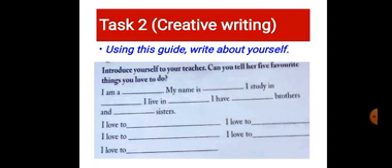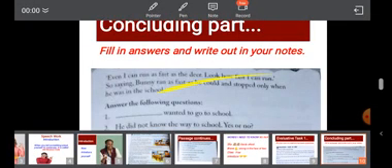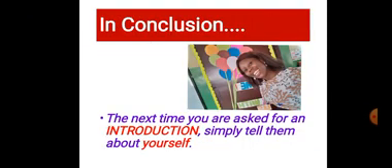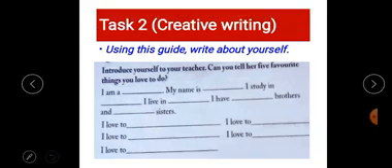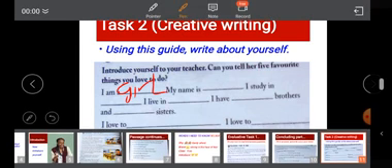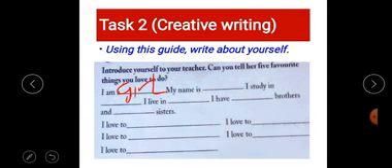For example, I am a girl. Obviously, some of you are girls and some of you are boys. So if you are a girl, you write the word girl. Using the guide, you are writing your own, okay? You are writing about yourself using this guide for me. My name is, what is your name? Write it here.